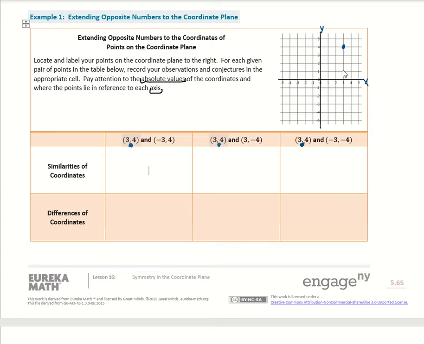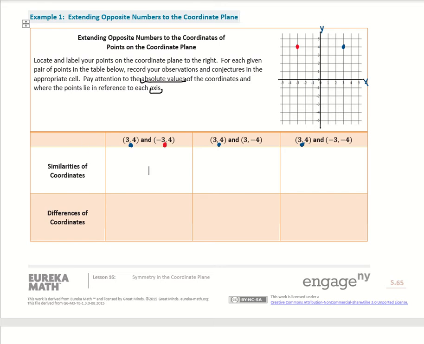So my blue point is over here at 3, 4. We can then look at our second point, -3, 4. And this one will be red. -3, 4 means I go to -3 on my x-axis and to 4 on my y-axis. Or, that could also tell me to go to the left 3, go up 4. Both of those get us to the exact same point.